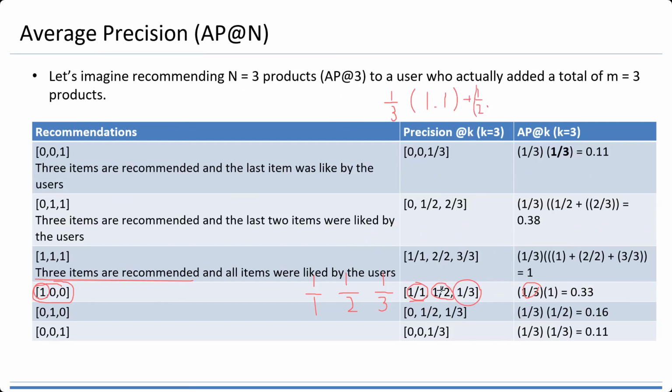Actually, it is not relevant because the user did not like it, and it is multiplied by 0, plus 1 over 3. Also, this is not relevant, so it is also multiplied by 0. At the end, we have only 1 divided by 3 multiplied by 1. So the result is 0.3333 something.